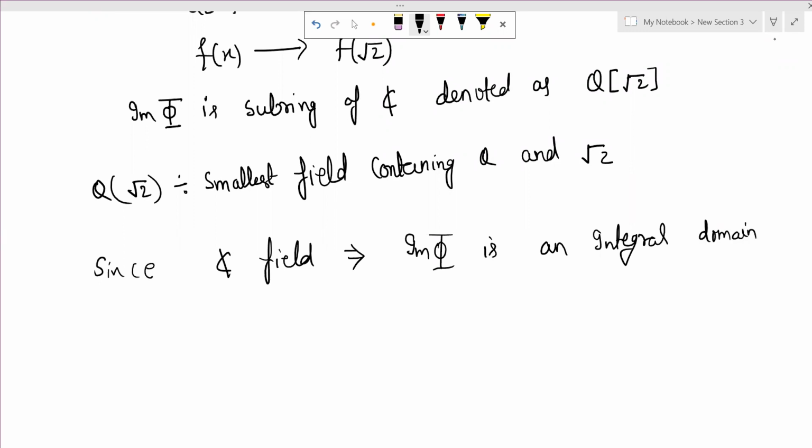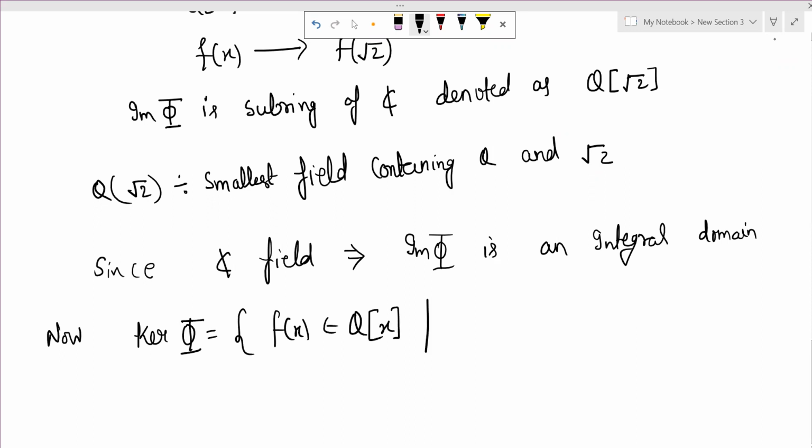Now, what about the kernel of phi? The kernel of phi consists of all those polynomials f(x) belonging to Q[x] such that phi maps f to f(root 2) equal to 0, right?